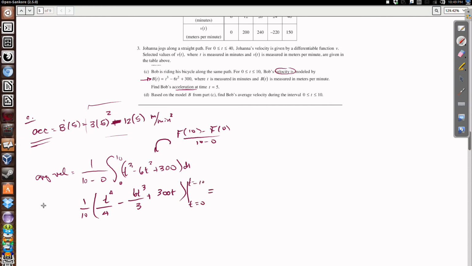So this is going to be 1/10 of the expression, 10 to the 4th over 4, minus 6 times 10 cubed over 3, plus 300 times 10. And I would put minus a whole bunch of other stuff, but substituting 0 into this polynomial gives me 0. So my average velocity is going to be this expression, and this is going to be in terms of meters per minute. So this is what we're looking at for part D.